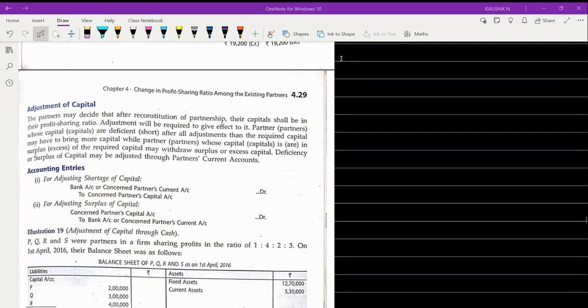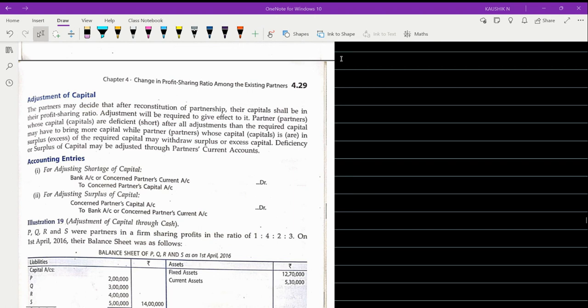Okay, you can see here that there are two entries. If you can just see here, they have mentioned that for adjusting shortage of capital, you will have bank account debited or concerned partner's current account will be debited and then credited with the concerned partner's capital account.